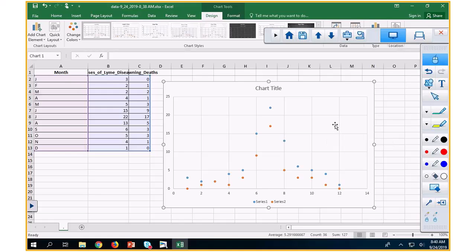Now, how do you tell if there's causality? Is there the same bell-shaped curve with the blue and the orange? Yes. Now, why is there correlation? Why do Lyme disease and drowning deaths go up in this area right here? Summer.